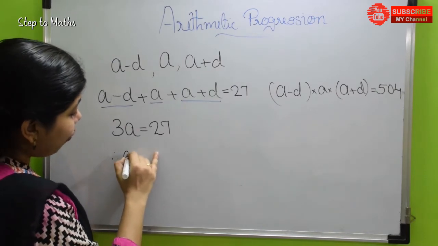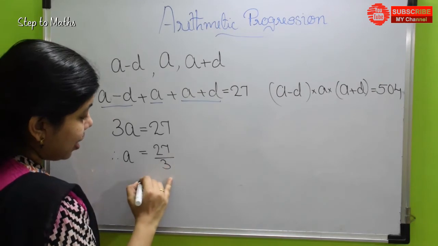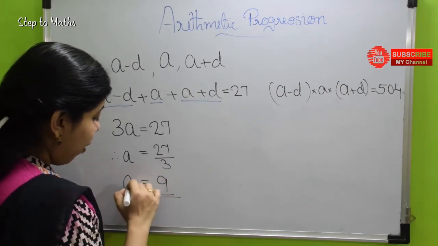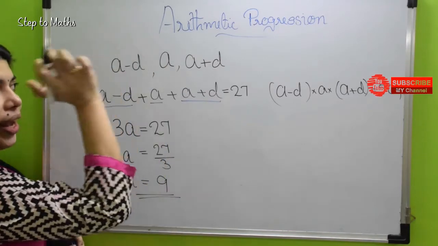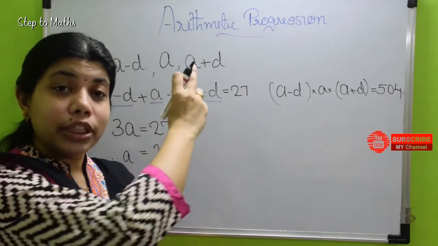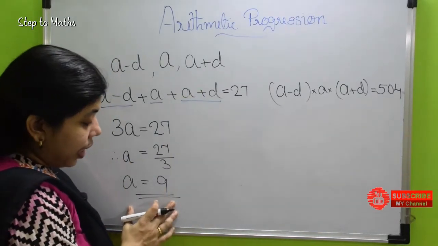Therefore the value of a is equal to 27 upon 3 is equal to 9. We get the value of a is equal to 9. We have to find the three consecutive terms of this AP. A is 9.